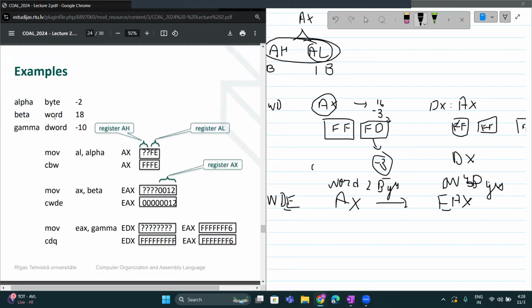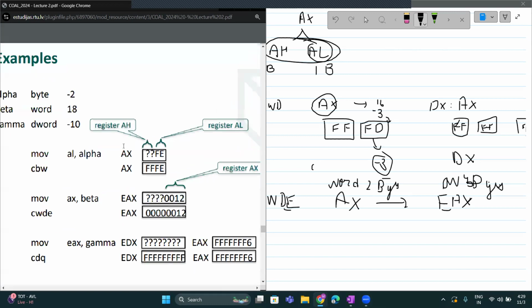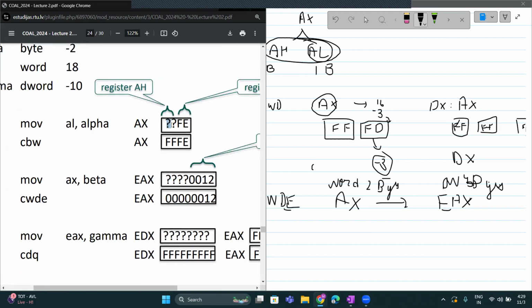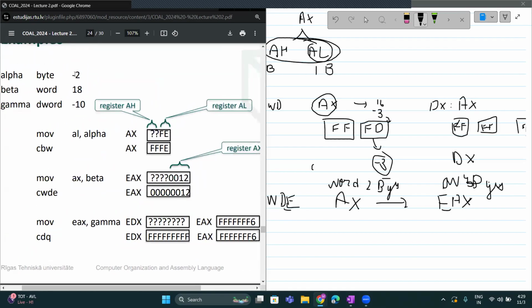So for example, alpha is a byte, and we can only move it into AL because AL is a byte. So if we try to represent AX, this is AL and this is AH. AL will get this minus 2 value, so FE, and convert byte to word extends the AL sign to the full AX.